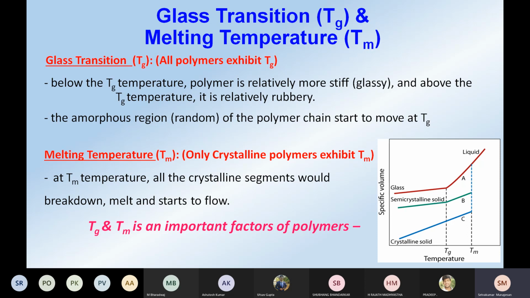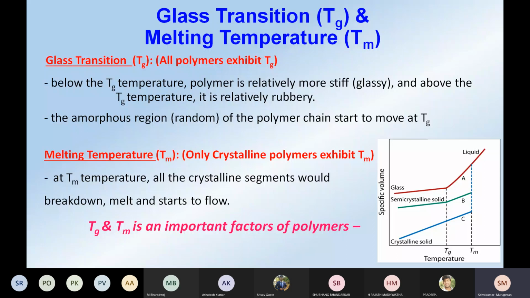So that is called the glass transition temperature: the temperature at which a polymer changes from brittle to ductile, or glassy to rubbery. At the molecular level, the randomly arranged amorphous region polymer chains will start to move at that particular temperature, which is called the glass transition temperature.